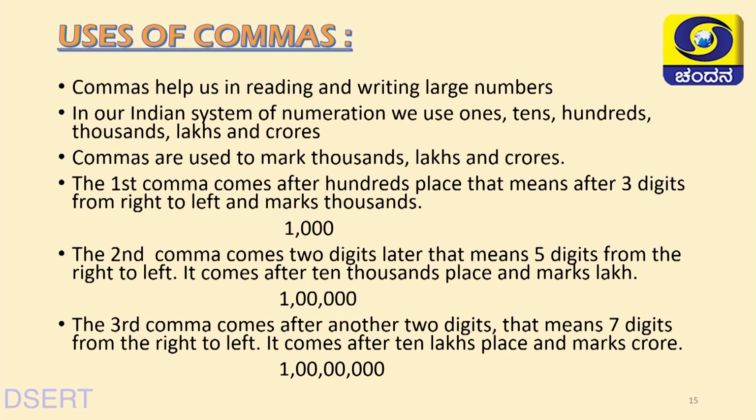The second comma comes 2 digits later, that means after 5 digits from the right. It comes after 10,000s place and marks lakh. The third comma comes after another 2 digits, that means after 7 digits from the right. It comes after 10 lakhs place and marks crore.